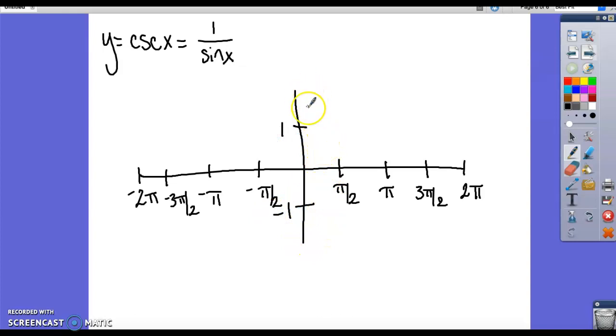Okay, and really when we graph this function, we're graphing off the unit circle.